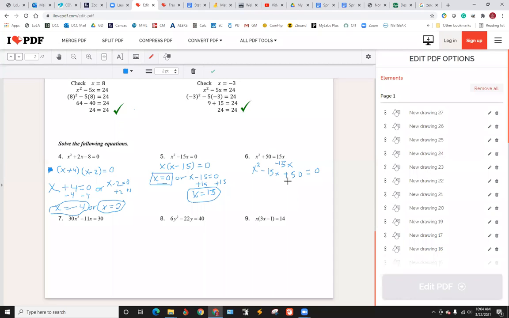Yeah, okay, so this is positive. We look for the factors of 50 that add up to be 15. So 10 times 5, and they're both negative. So x is equal to 10, x is equal to 5. Good.